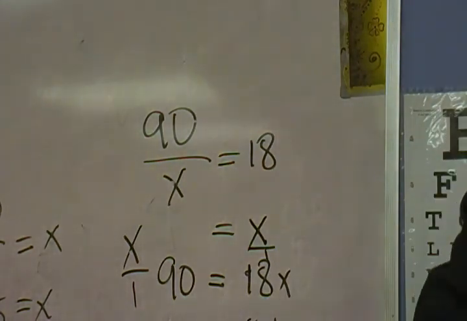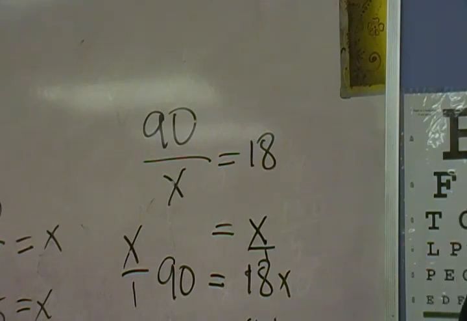All right, Sherry, you're up. It says 48 equals a number increased by 6, and the sum all multiplied by 5. That's how I want to set it up.